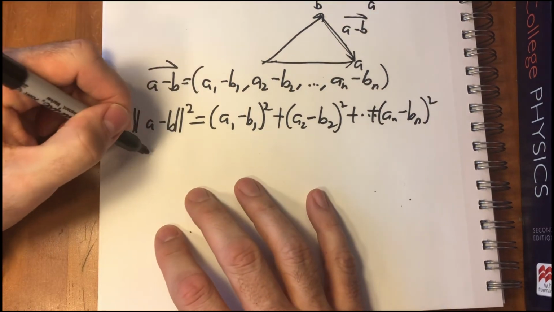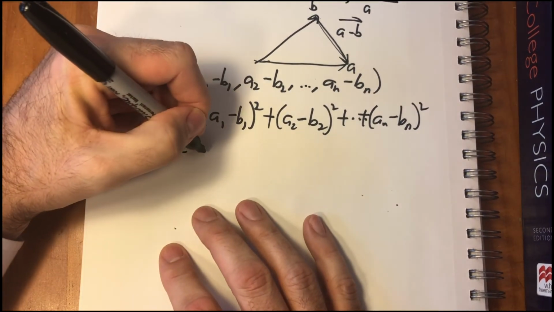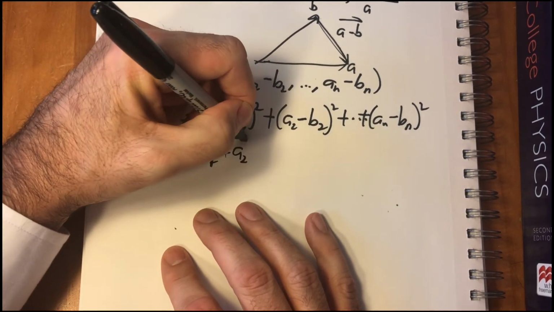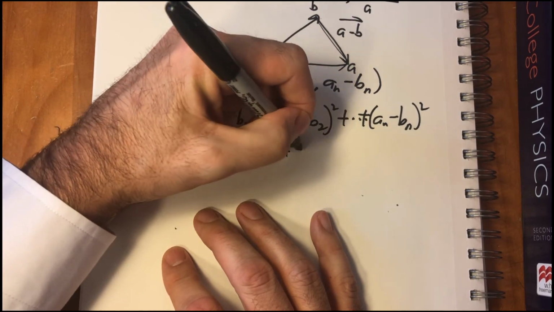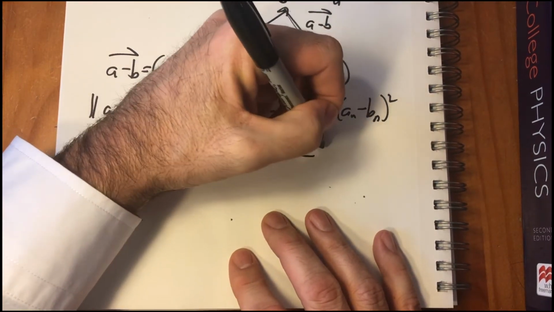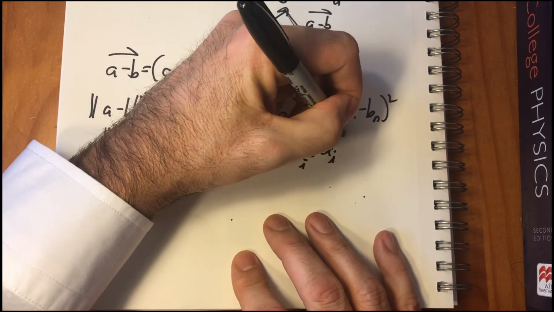And then the length of A is the square root of A1 squared plus A2 squared plus and so on. We can rewrite that in the summation as the sum of AI squared.